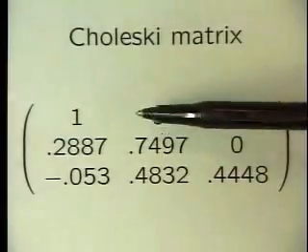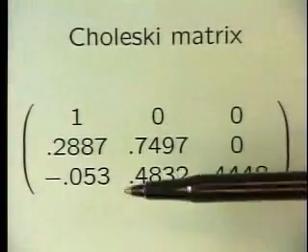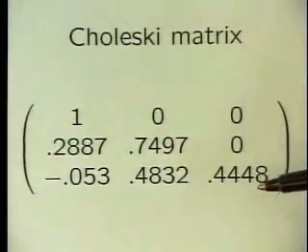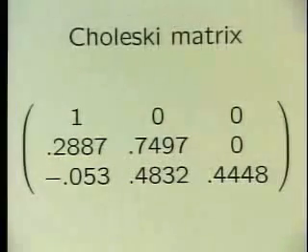So all of those parameters that you estimated just enter into the Cholesky matrix in sequential fashion. The covariance matrix then is the Cholesky matrix multiplied by itself, or multiplied by its transpose. And the covariance matrix is what provides information about the correlation in unobserved factors. So if you were to calculate the Cholesky matrix times its own transpose, you would get the following covariance matrix.